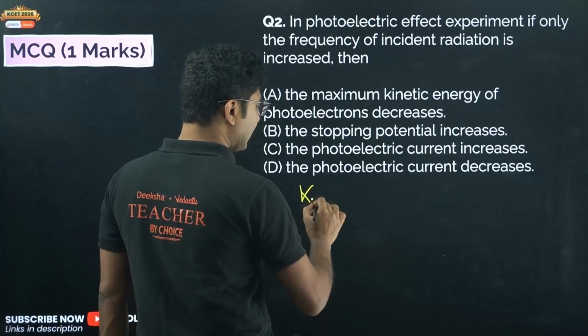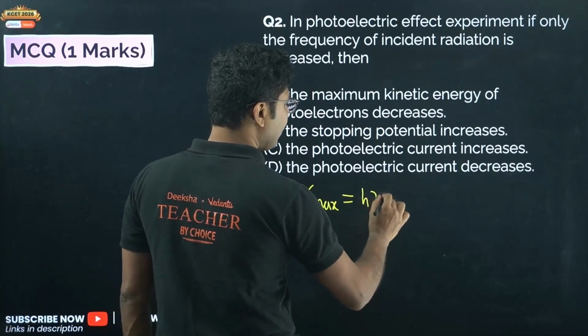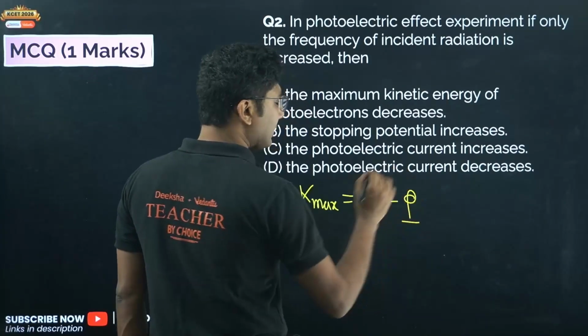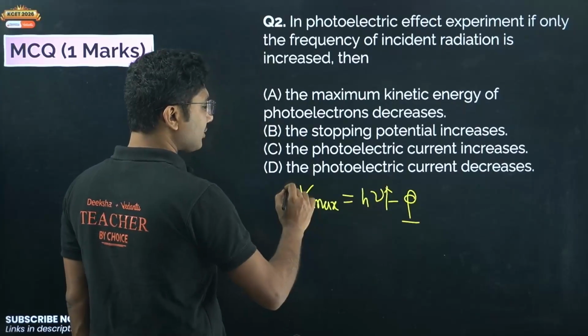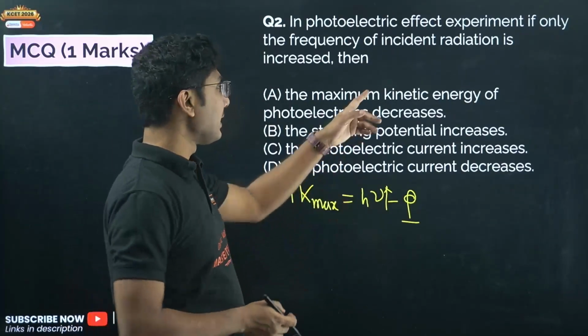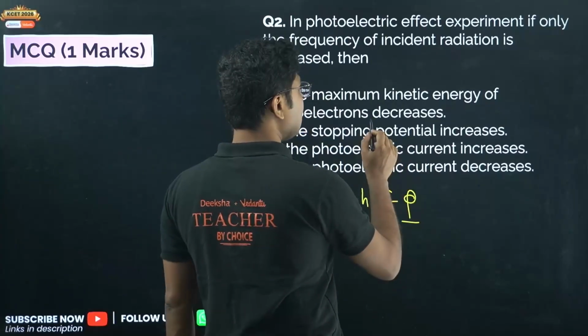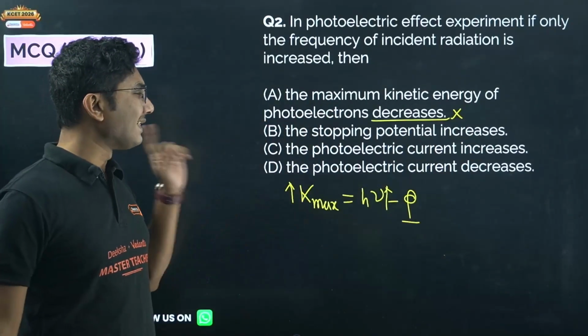Again the same equation, K max, or maximum kinetic energy, is given by h nu minus phi. Now phi is a constant, so if you increase the frequency, then K max should also increase, right? But here they are saying that maximum kinetic energy decreases, so definitely this is not correct. It should increase.